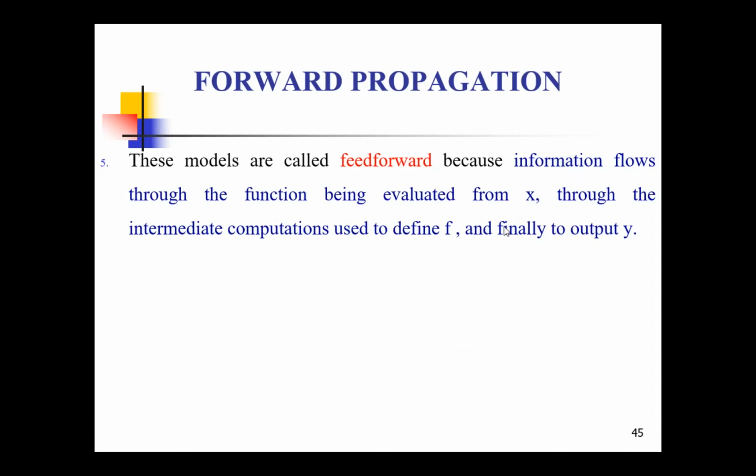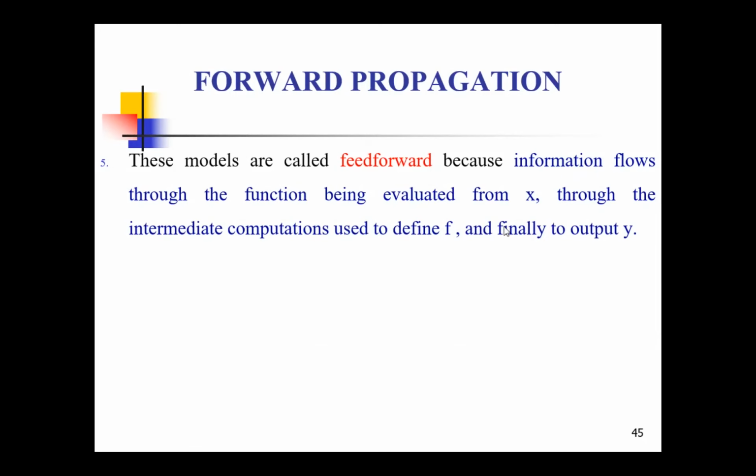So these models are called feed forward because information flows through the function being evaluated from X through the intermediate computations, that is, the hidden layers, and finally to the output Y. Since there is no back propagation, I am not going to have a back propagated value.